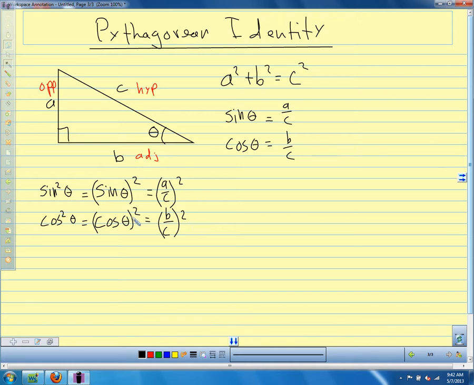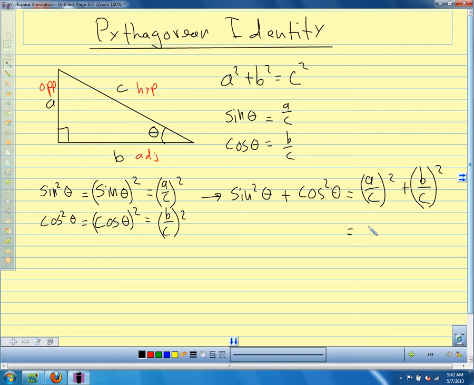All right, so we're going to add these together. So I'm going to say that sine squared theta plus cosine squared theta is A over C squared plus B over C squared. If I square parentheses, I'm squaring everything inside the parentheses.